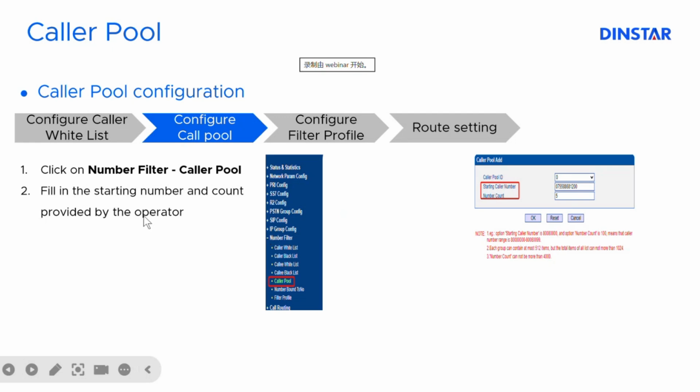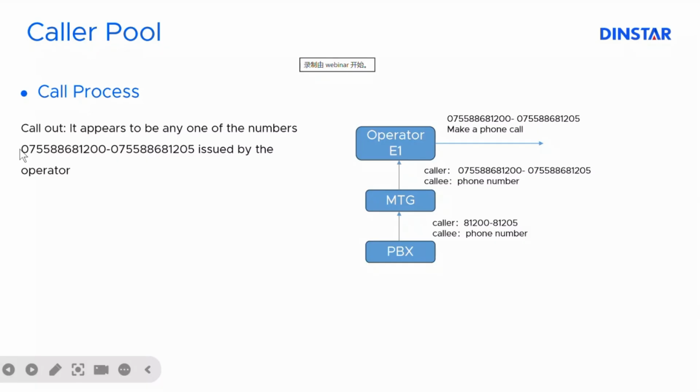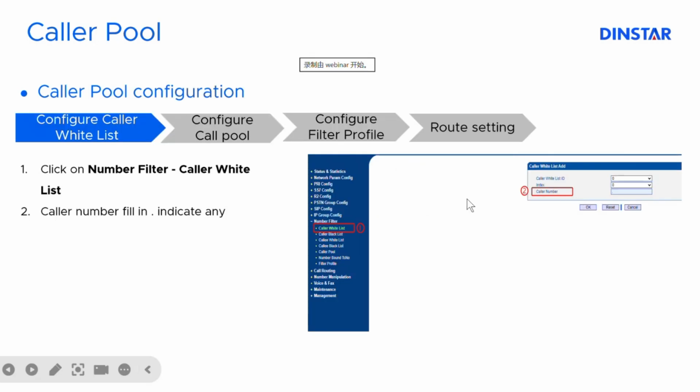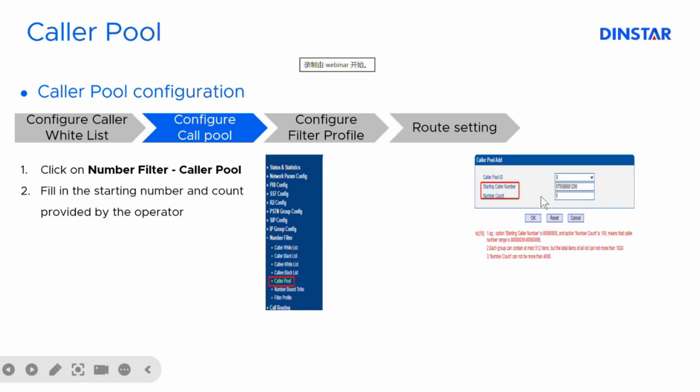Next we need to define the number range, right? We need to fill in the starting caller number and the number count. So here, for this range, the start number is 200 and it ends at 205, so we just fill in the number count 5.